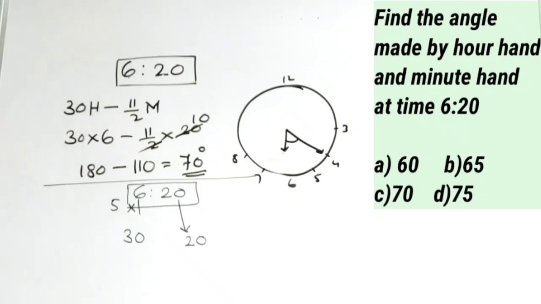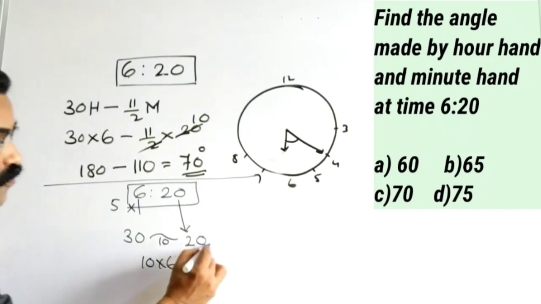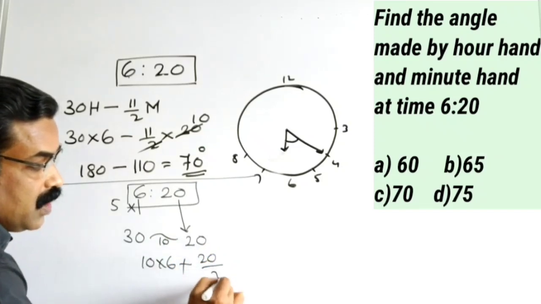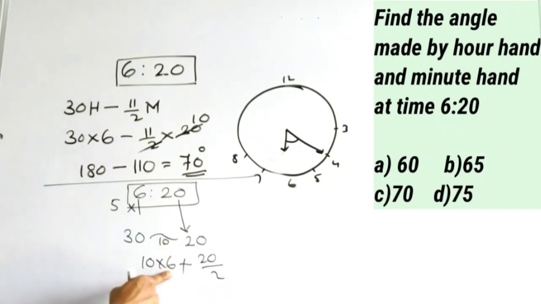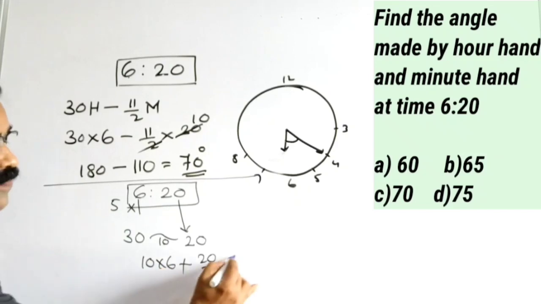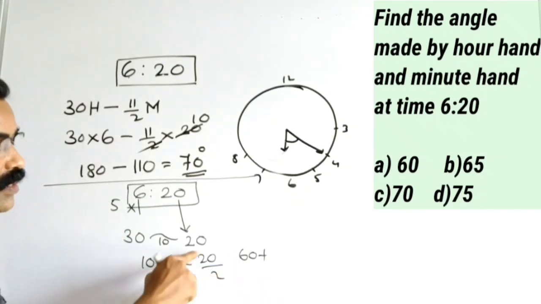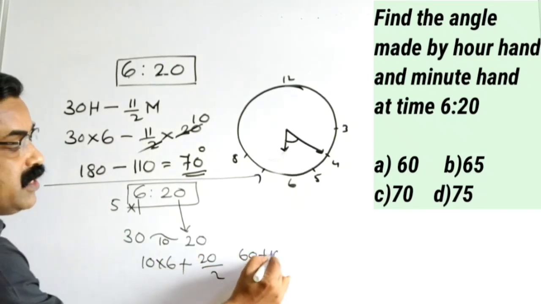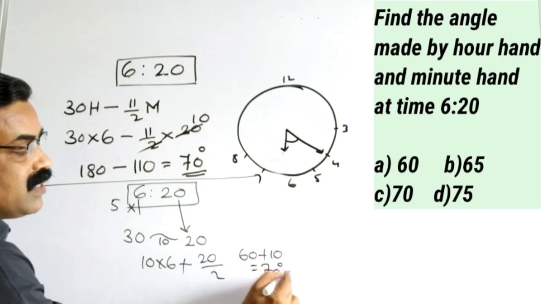So now you can see there is a difference. What is the difference between 30 and 20? 10 is the difference. So that 10 multiplied by 6, plus half of this 20, 20 by 2. 10 into 6 is 60, plus 20 by 2, 10. 60 plus 10, the answer will be 70 degrees.